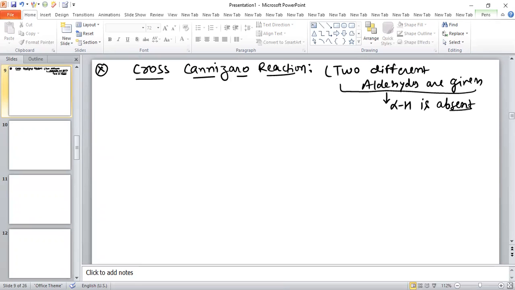Now see what happens. For example, one of the compounds given is HC double bond O, H, and the other compound given is benzene with CHO, which is benzaldehyde.